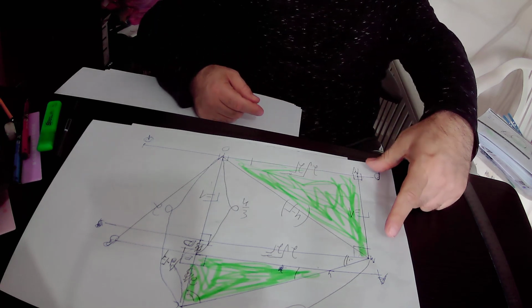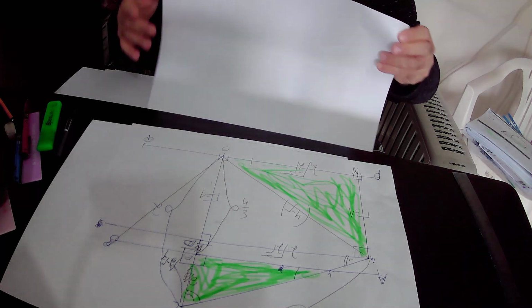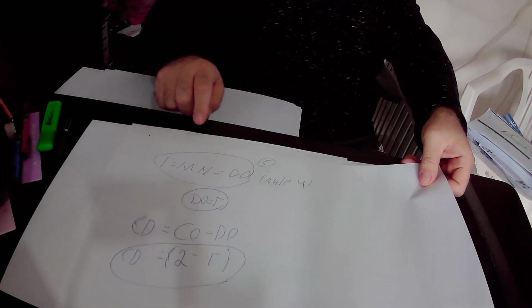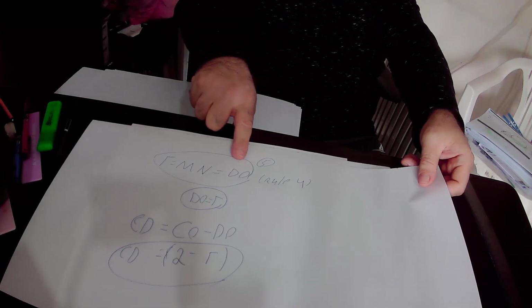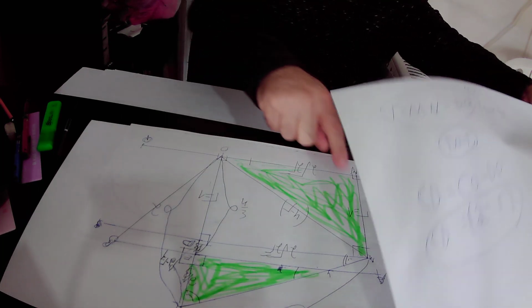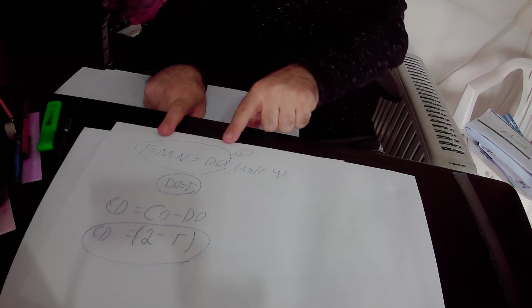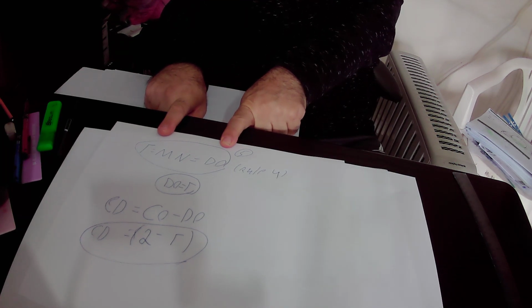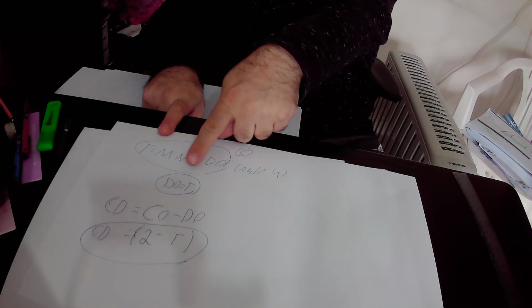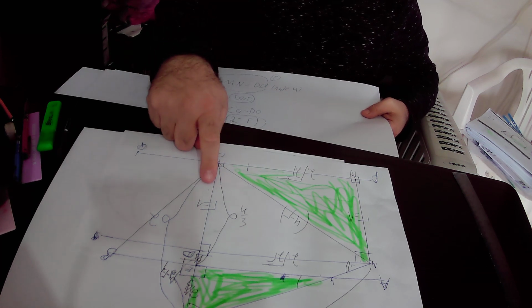That is to say, MN equals DO. Again, according to rule number 4, MN equals DO. But we know that MN equals R. So from this equality, we conclude that DO also equals R.